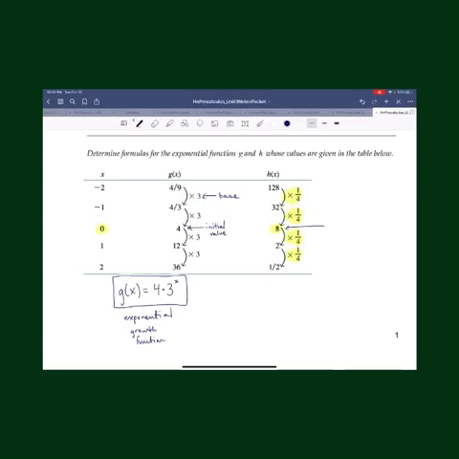So 8 is the initial value, and 1/4 is the base. So we'll write h of x is equal to 8 multiplied by 1/4 to the x, which gives us an exponential decay function.